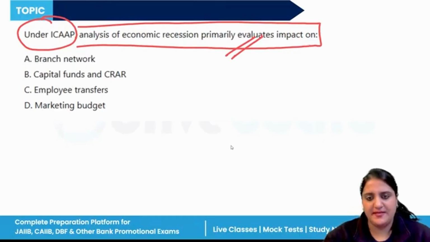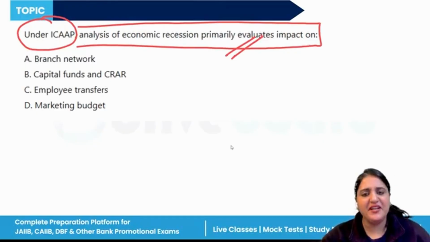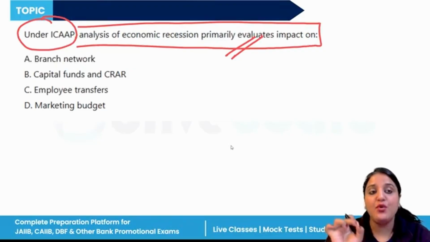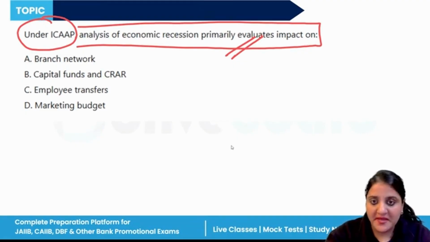Suppose GDP declines, corporate defaults start increasing, market falls. What happens? Capital funds reduce, earnings decline, CRAR falls. So ICAP has to analyze this. This section explains the impact of economic recession, business cycle downturn, and market decline.